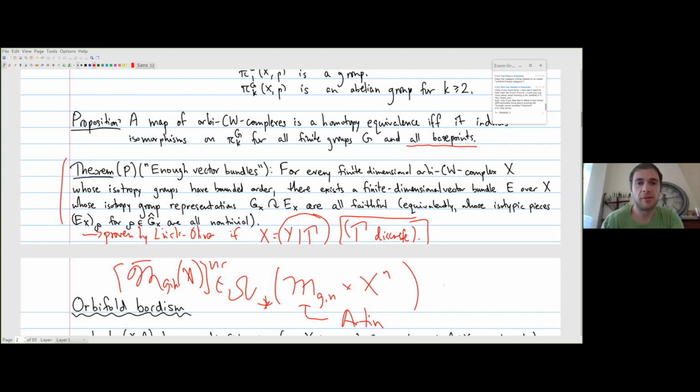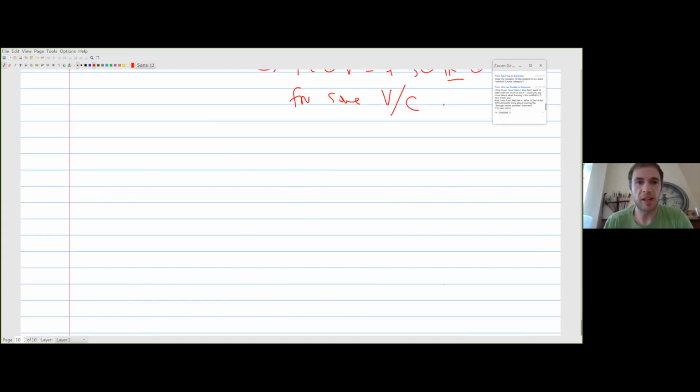So imagine you have a vector bundle over Y cross BG. So yeah, maybe I should go to the end here. If you have a vector bundle on an orbispace, I'll talk about the Chern character.